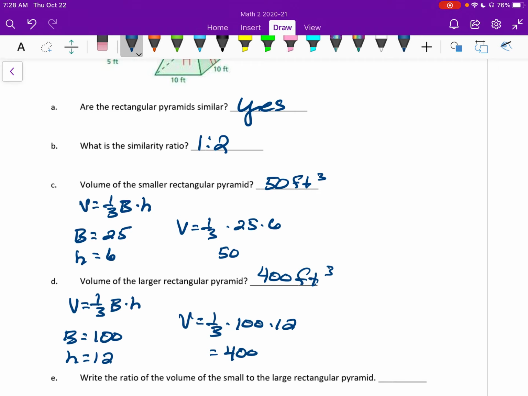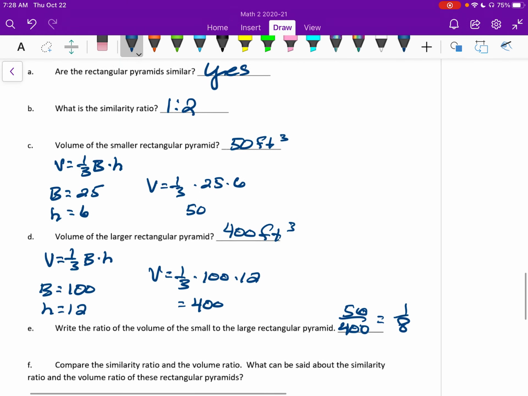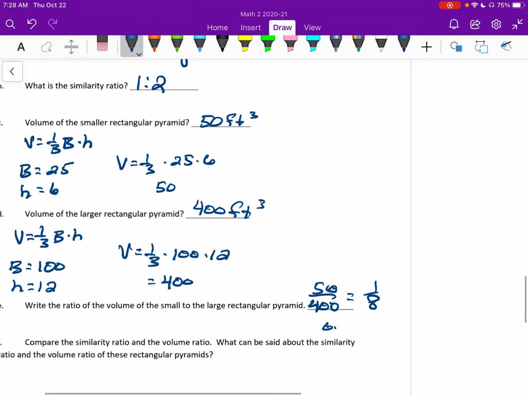Right, 12 and 3 give me 4, so 400. It tells us to write the volume ratio. Well, that's going to be 50 over 400, which is the same thing as 1/8.